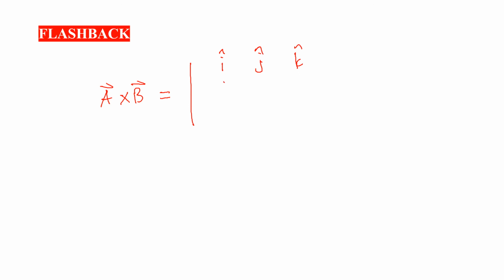For your second row you have your ax, ay, and az components, and then your bx, by, and bz components on your third row. Okay, and in order to solve for this one, we did some techniques. What we actually were doing with the cross product using this matrix here is that we find the determinant of your matrix.